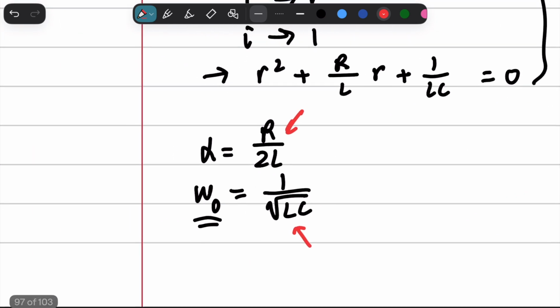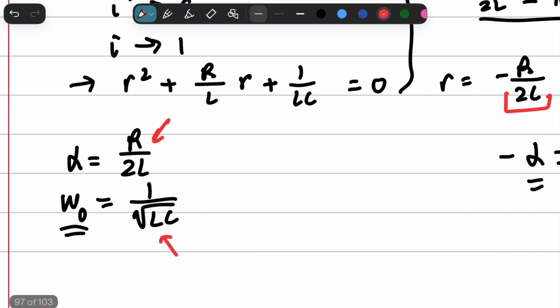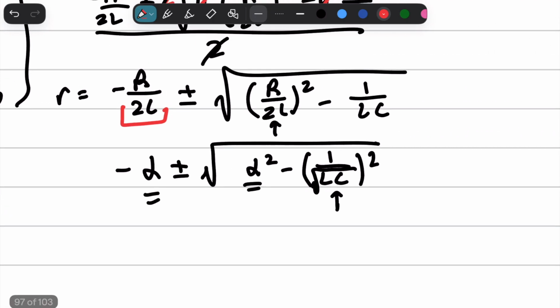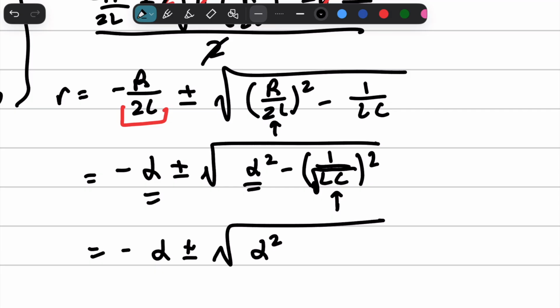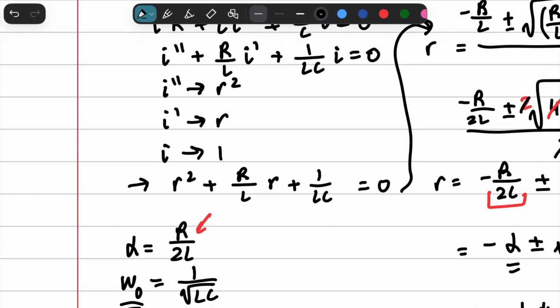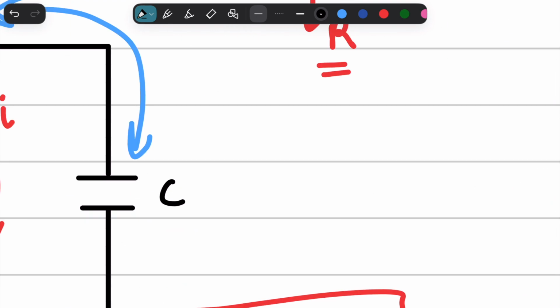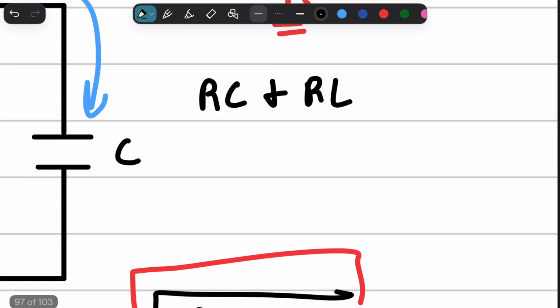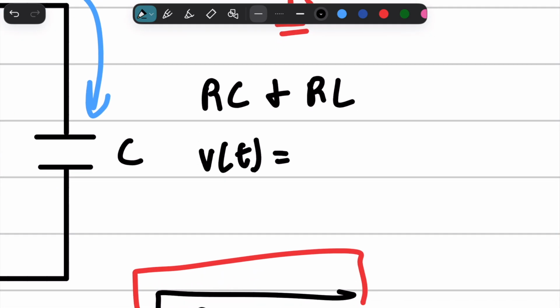Okay, and so this is happiness right here, but the reality isn't happy. And so we are going to have negative alpha plus or minus the square root of alpha squared minus omega naught squared. Okay, so this is the general solution to this characteristic equation. For RC and RL circuits, right, we noticed that the voltage always had something of this form.